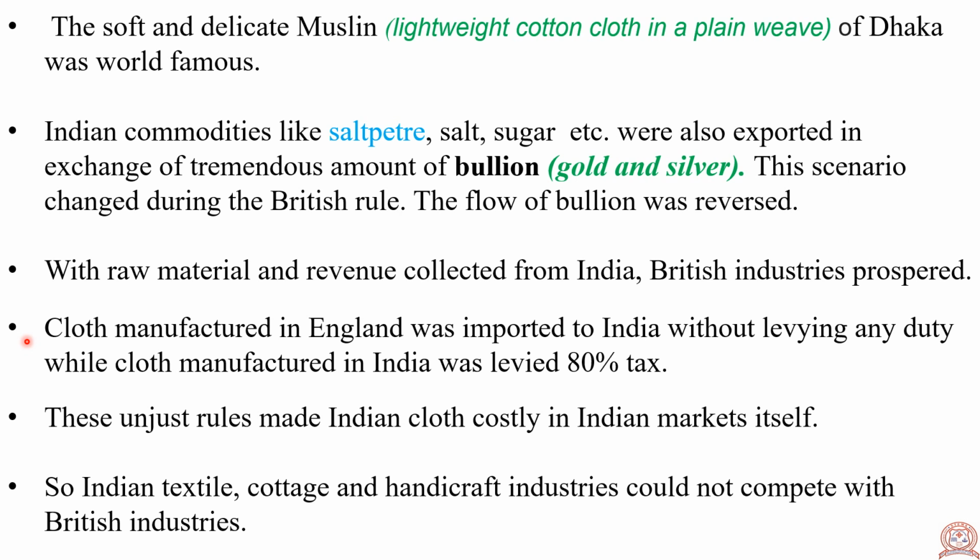Means the East India Company bought raw materials at a cheap price from India and exported them to England, and the finished products like cloth manufactured in England were imported to India without charging any import duty, while cloth manufactured in India was charged 80% tax.